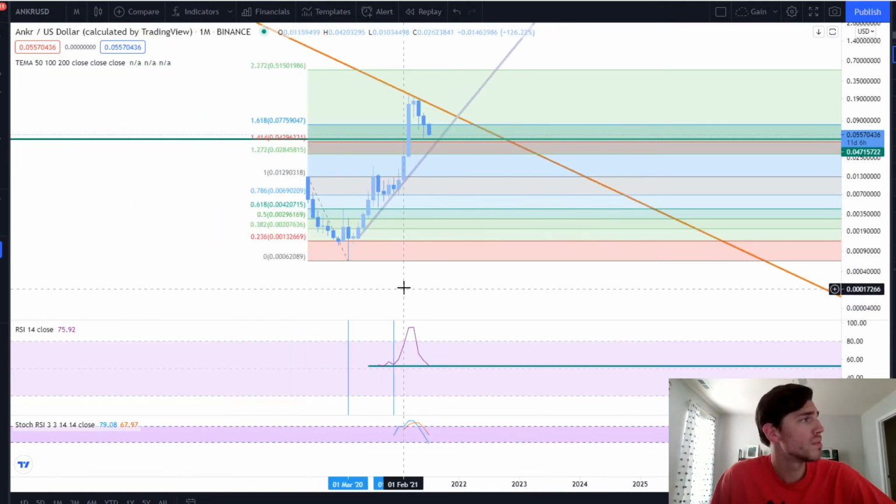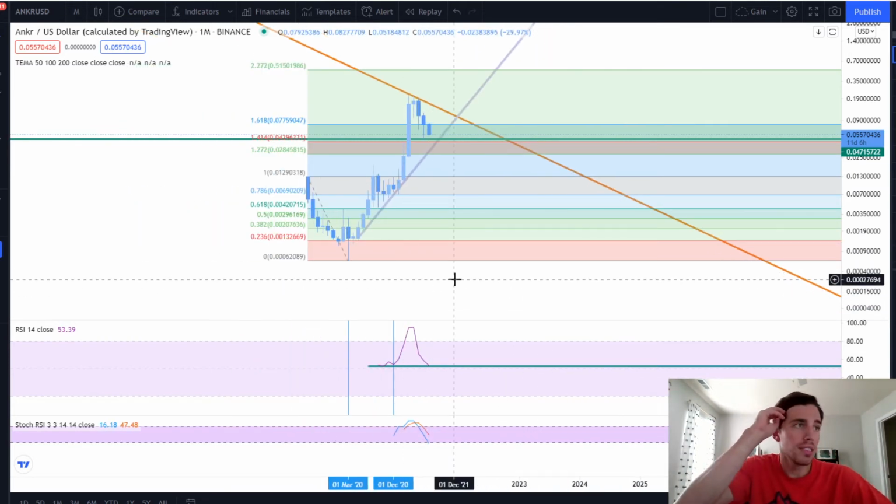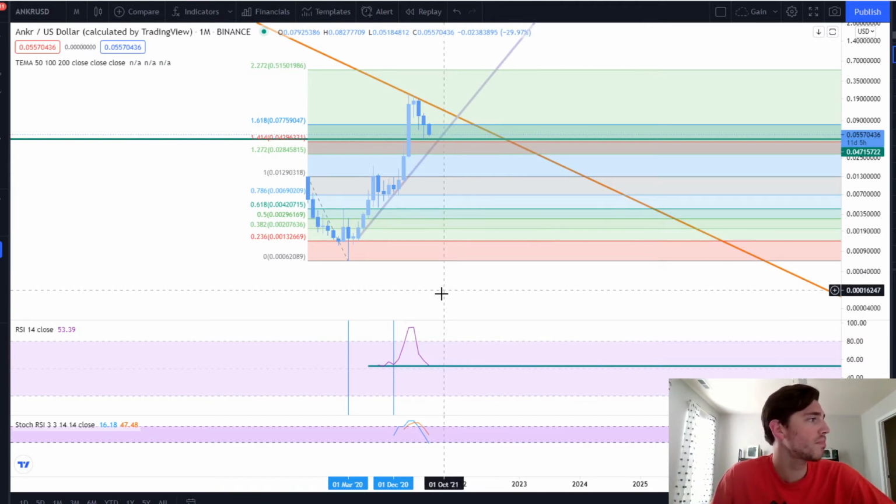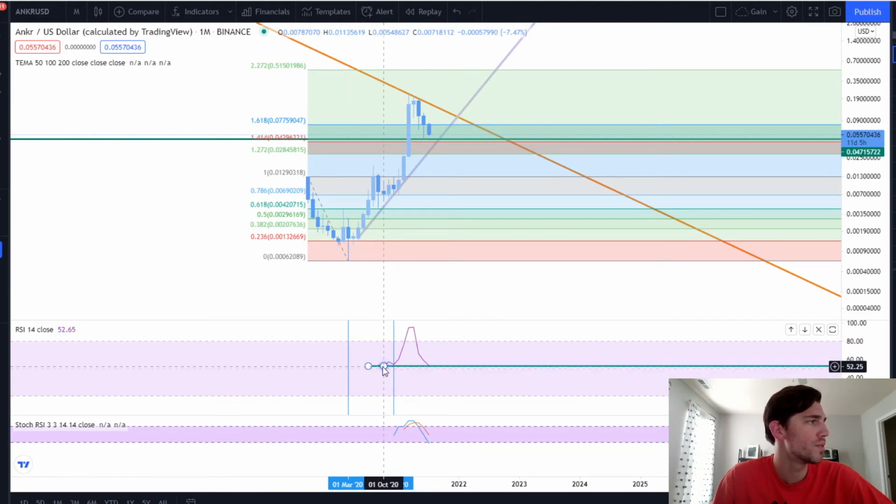Overall, though, in terms of Ankr's price, it does look positive. If you look here, where we were at our low for relative strength at this 52 mark, the price was at around not even a cent. It was sitting here just above half a cent, a little bit over half a cent.